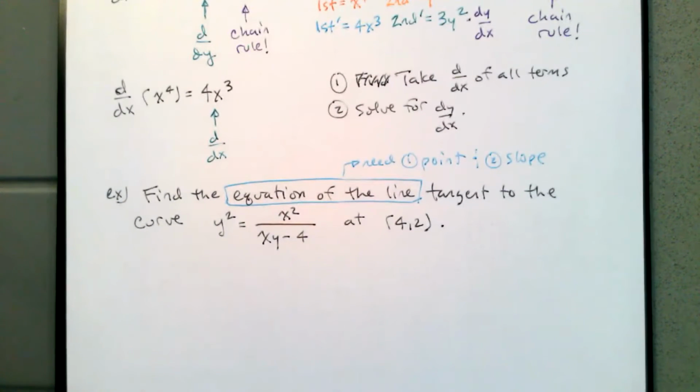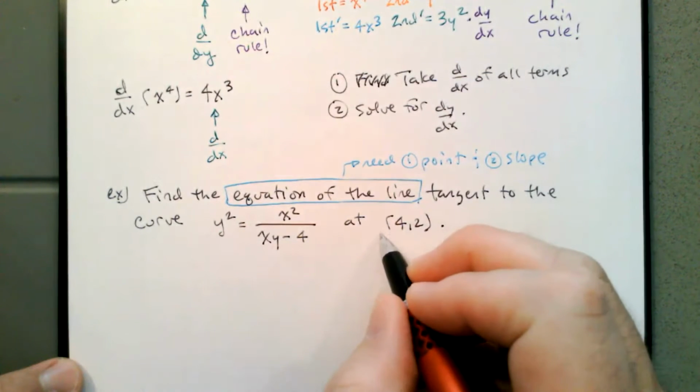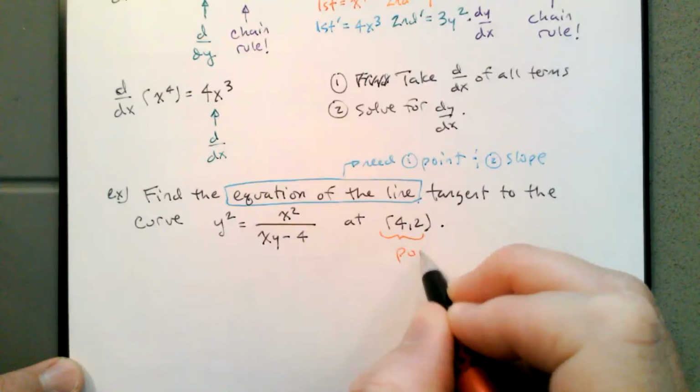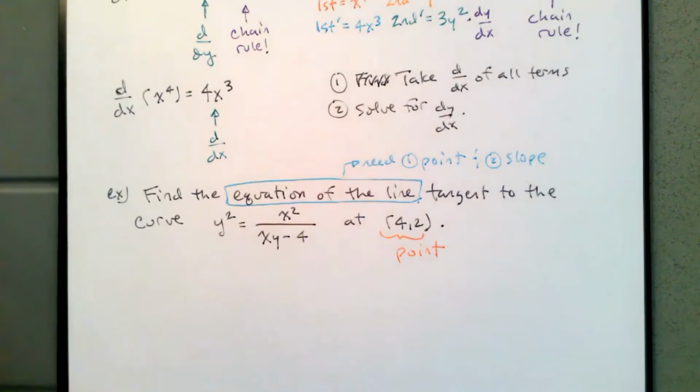We want to find the equation of the line tangent to the curve at the point 4, 2. So we've already got our point. That part is given to us.